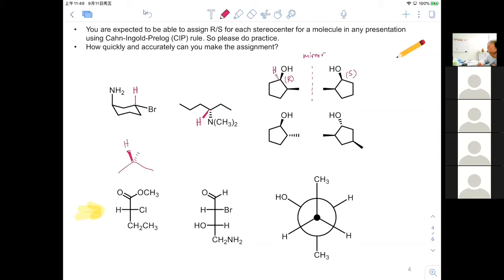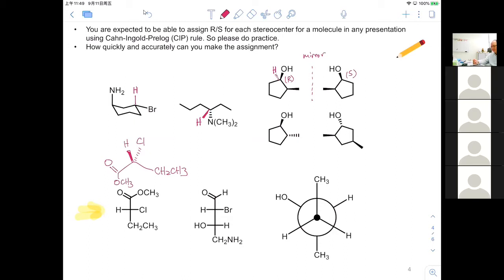Then you have the chloride pointing back, and the left should be the COO, the ester. The right should be CH2CH3. If you convert this Fischer projection to that kind of perspective drawing, it's much easier for you to assign the configuration of the stereocenter.